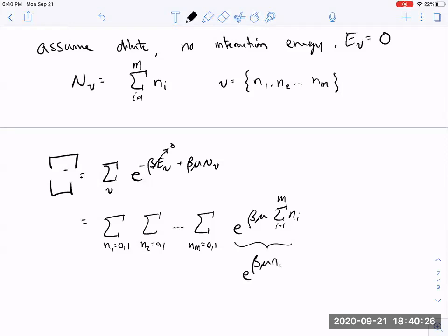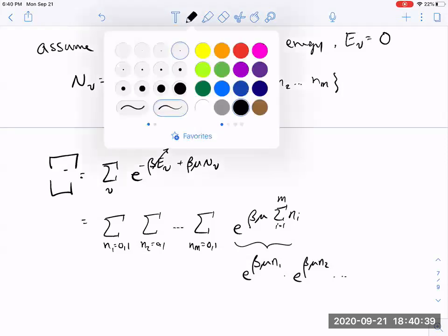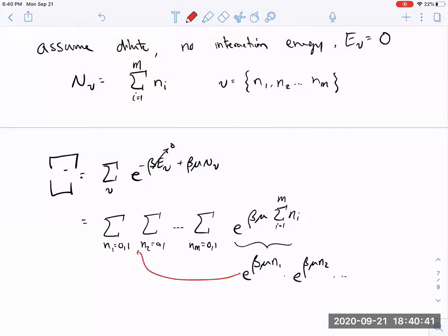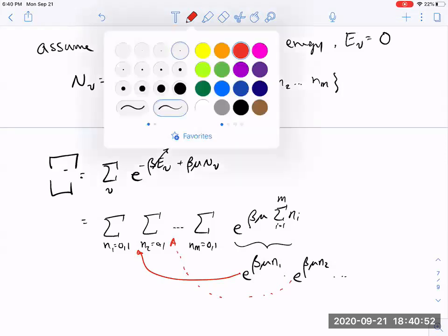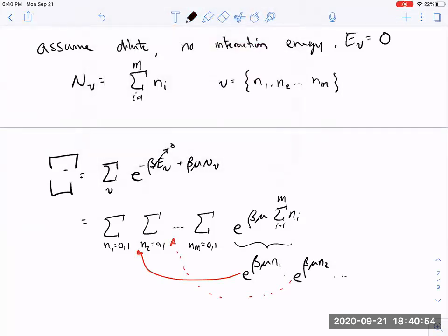So this could be written as e to the beta mu n1 times e to the beta mu n2, etc. And thus each one of those terms can be associated with its own individual sum. So I can put that one there, I could put this one here, and do the exact same thing for each one of those terms. So the whole thing factorizes.